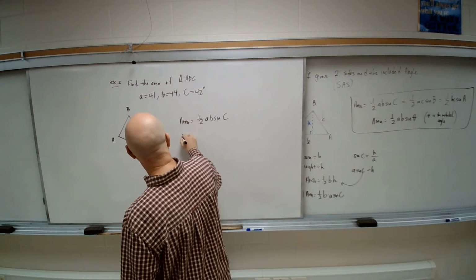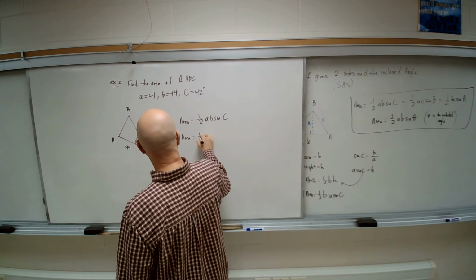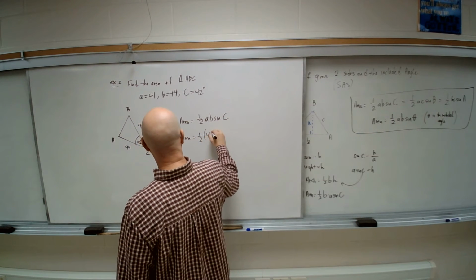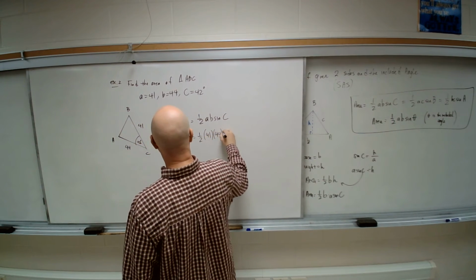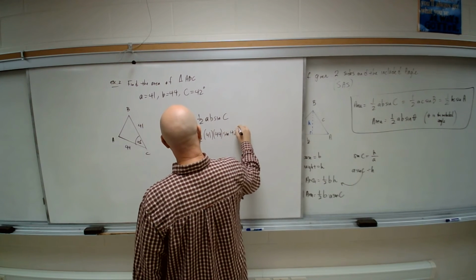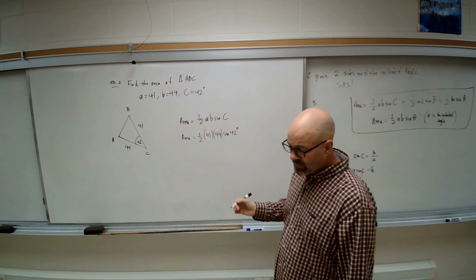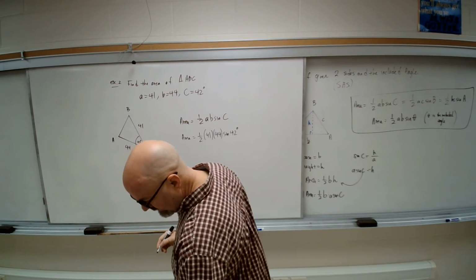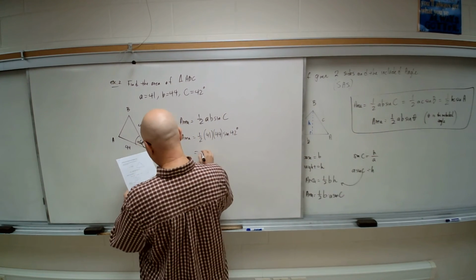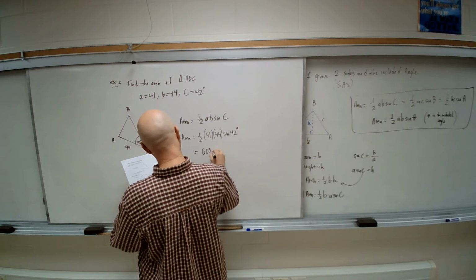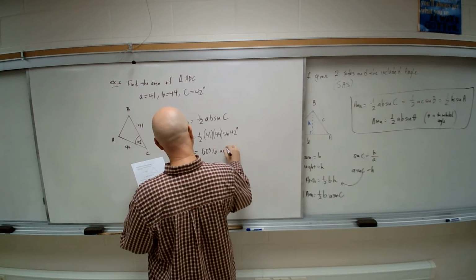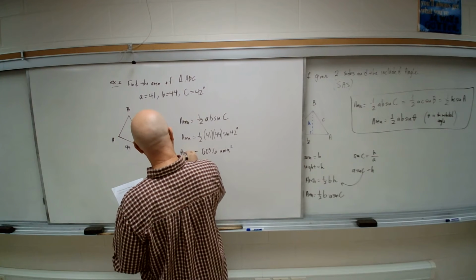So then here, area is 1/2 41, 44, sine of 42. And we go ahead and multiply that out, and we get 603.6 units squared.